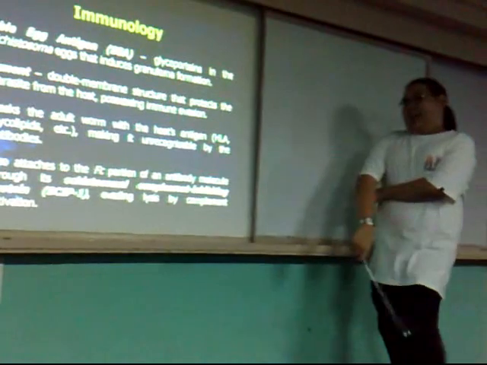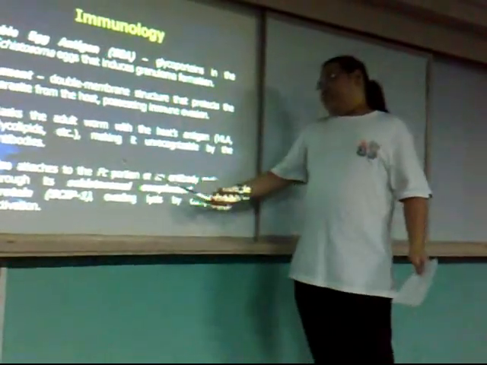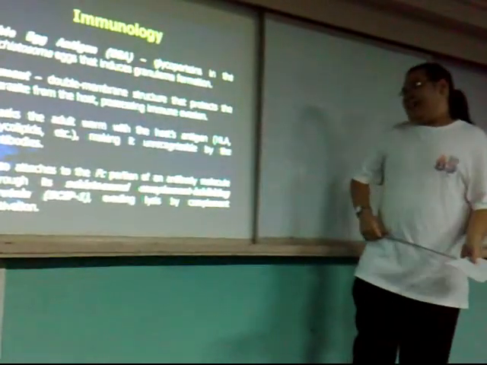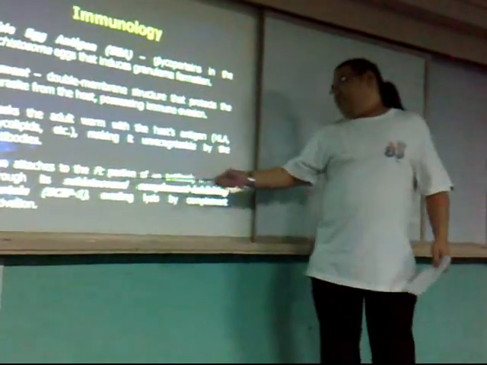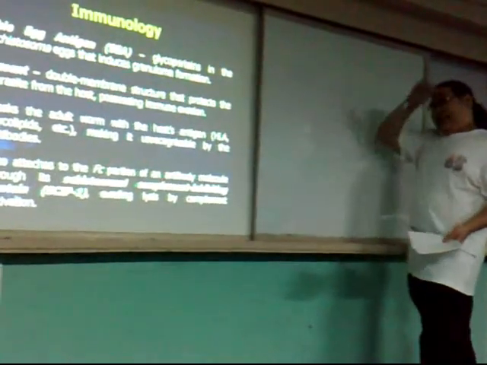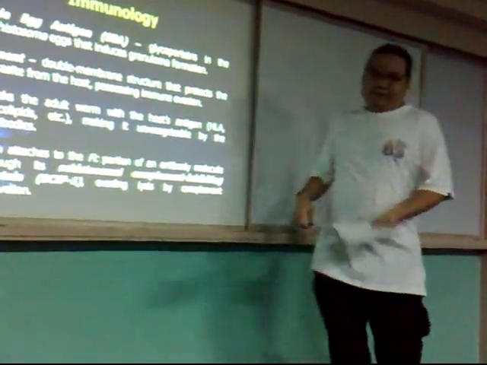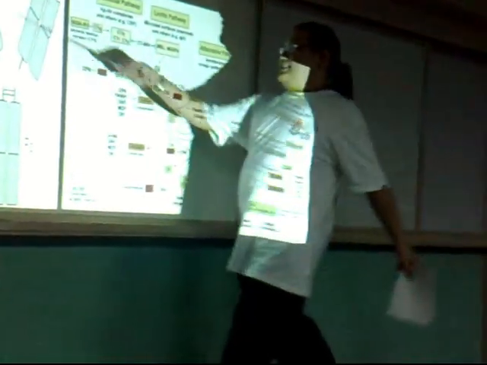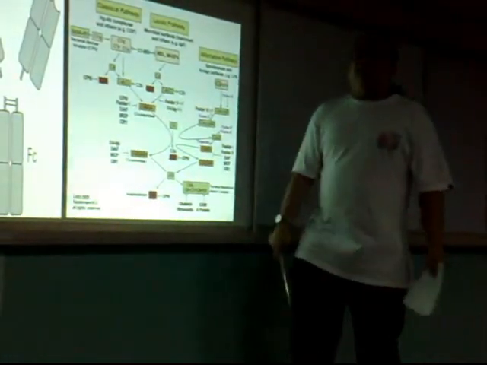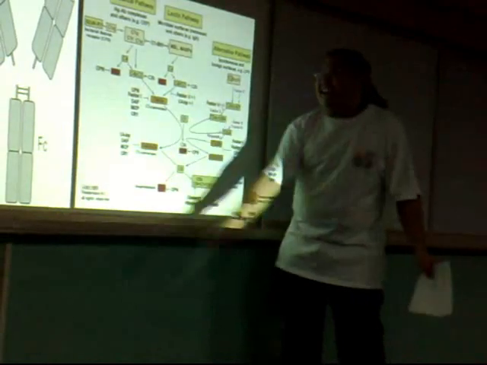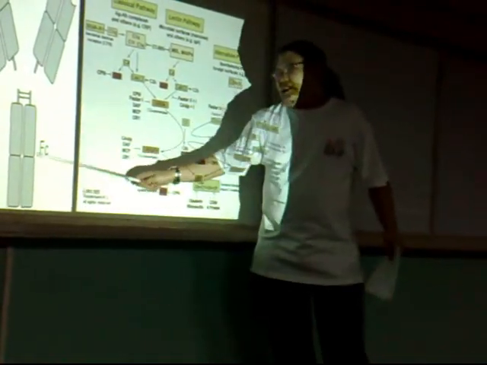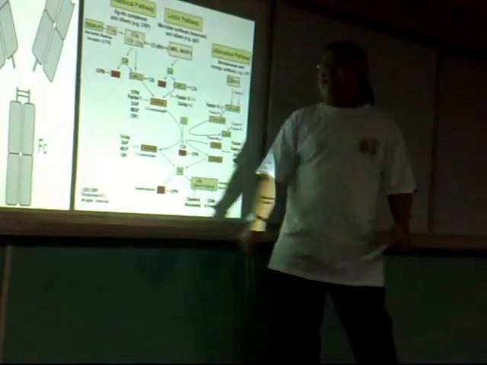And also, the worm can attach to the Fc portion of the antibody through its schistosomal complement inhibitory protein, or the SCIP, evading lysis by complement activation. So, to explain that further, this is an example of an antibody molecule. This is the Fc portion, the adult worm will attach to this, and this is the complement system.